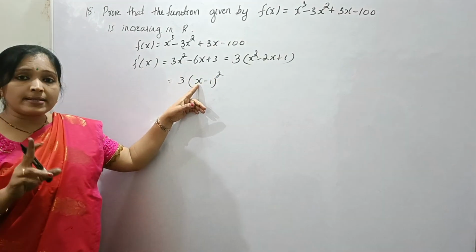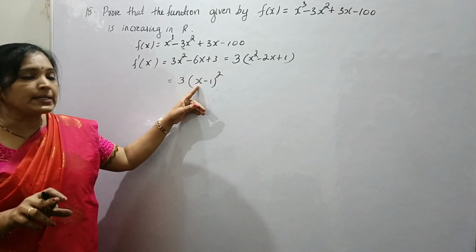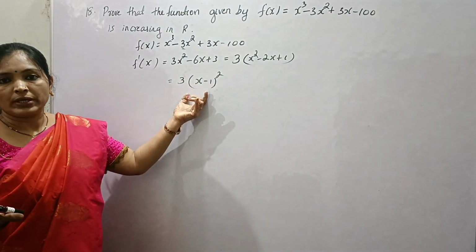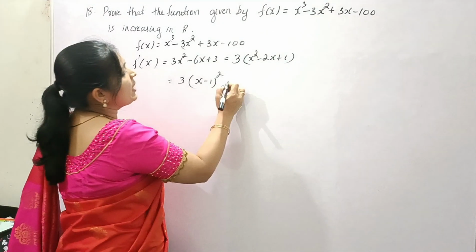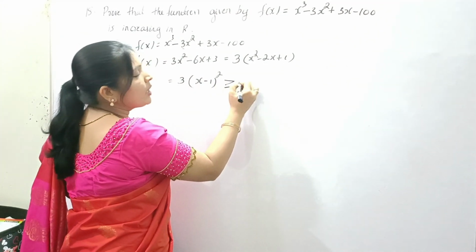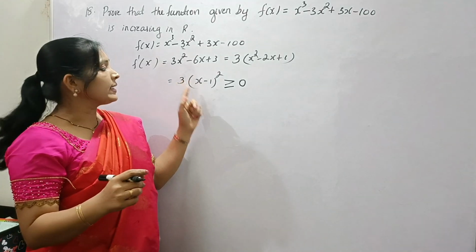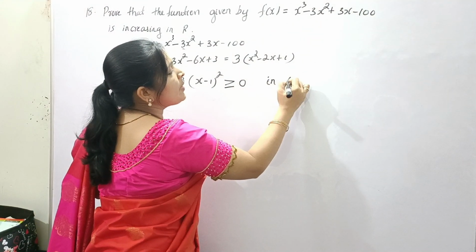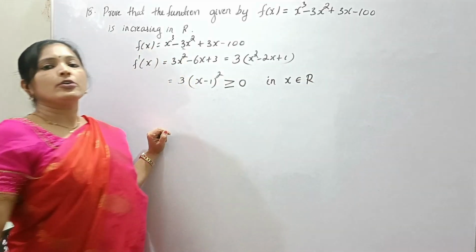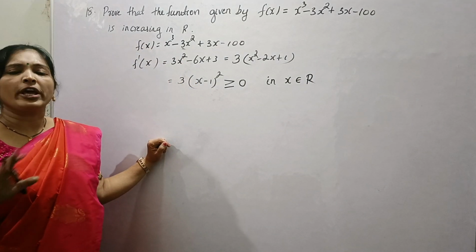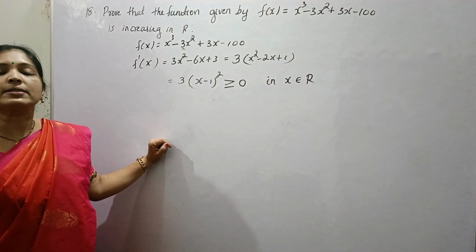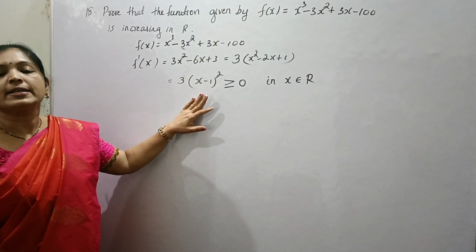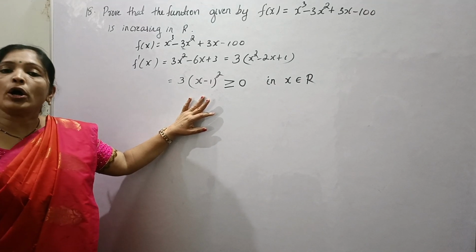And when we substitute x is equal to 1, 1 minus 1 is 0. So here we will get 0, right? So this will be always greater than or equal to 0 when x belongs to R. For any numbers in the domain, that is set of real numbers, this x minus 1 whole square is always greater than or equal to 0.